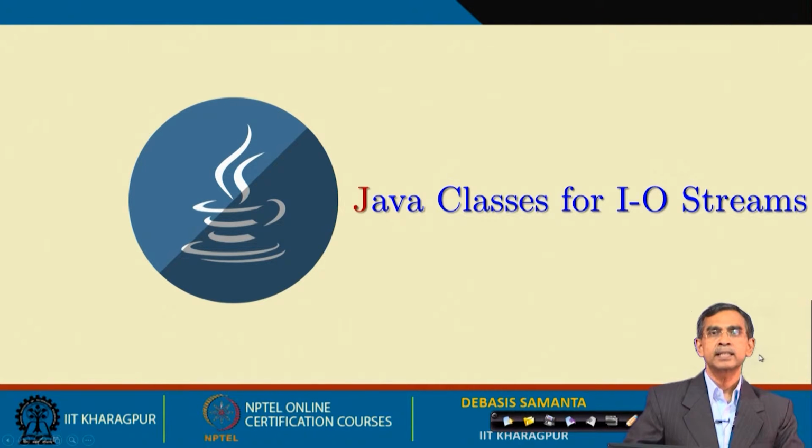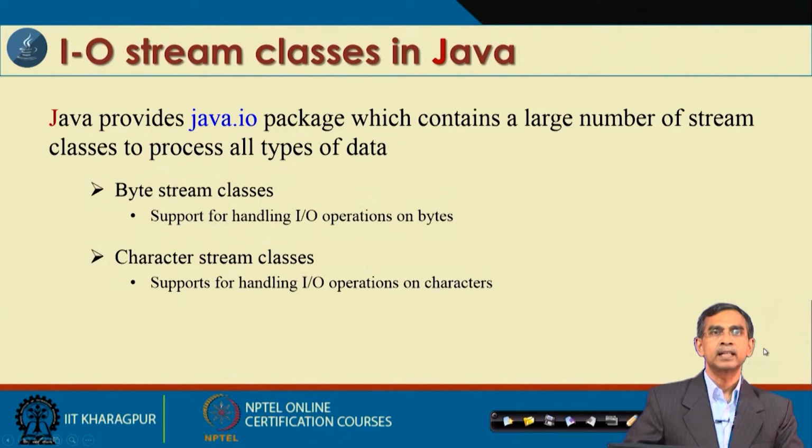Now we will discuss the basic structure of the Java IO package. All the classes in java.io can be categorized into two broad categories, called byte stream classes and character stream classes.